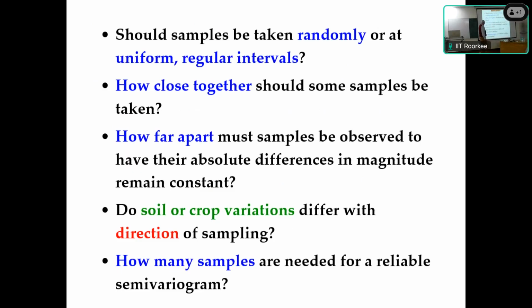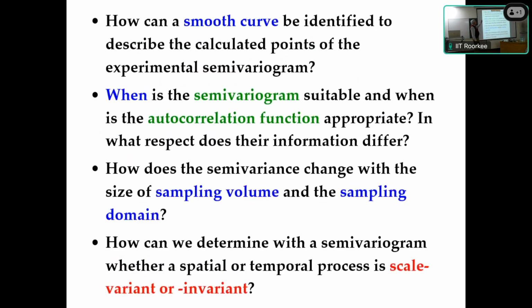How many samples are needed for a reliable semi-variogram? How can a smooth curve be identified to describe the calculated points of the experimental semi-variogram? And when is a semi-variogram suitable and when is the autocorrelation function appropriate? In what respect does their information differ?